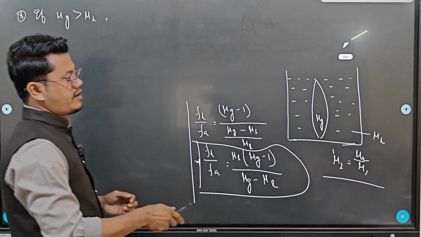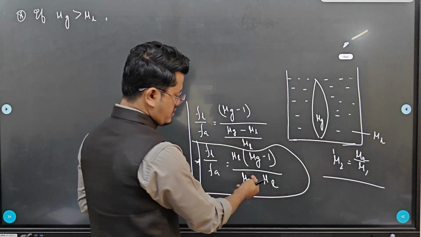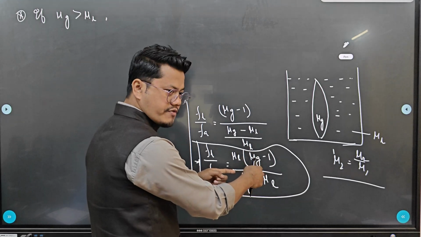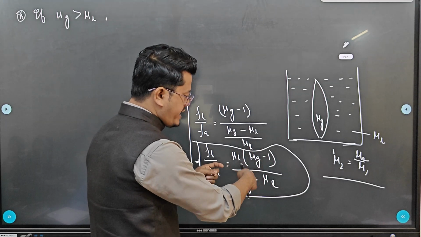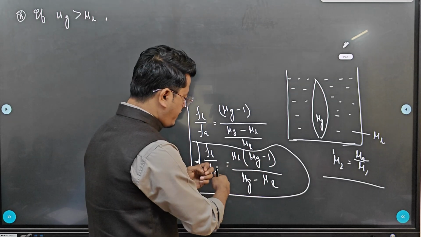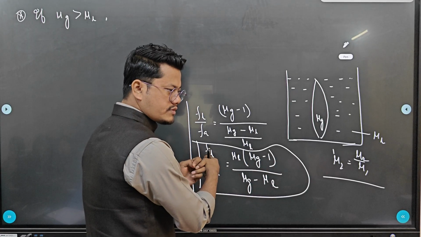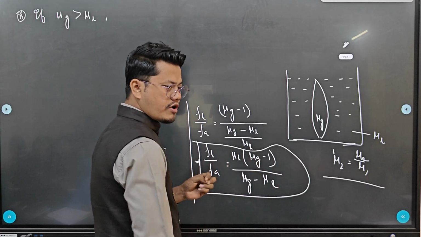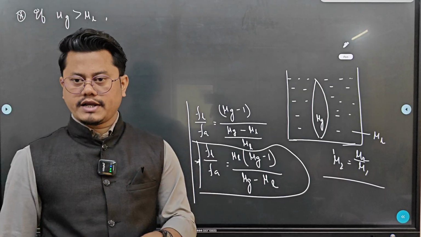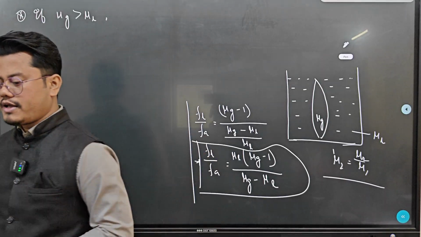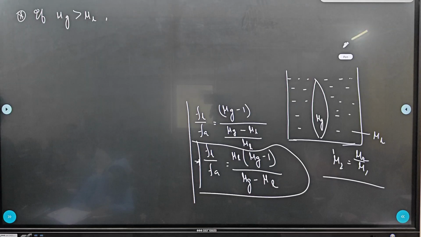Mathematically what will we be getting here? See here, this term is positive. We will be getting some term here or not? If I send Fa over there, then Fa into this term gives you Fl. Then 100% Fl needs to be greater than Fa or not? Mathematically, right? Just write, and Fl greater than Fa.